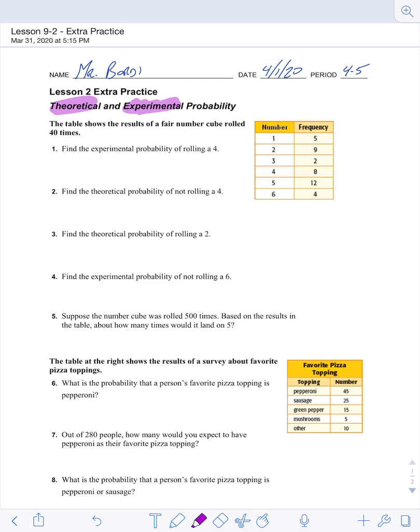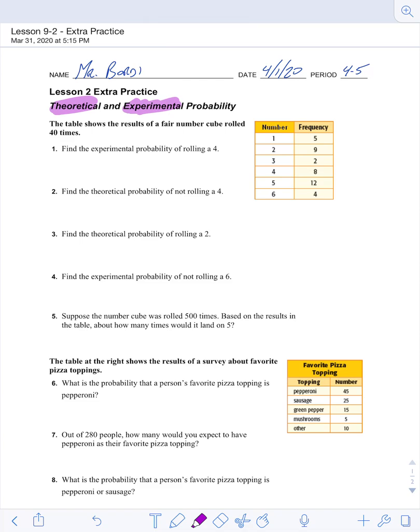It can land on heads and it can land on tails. In theory, if I flip the coin 2 times, I should land on heads once and tails once. We know that doesn't always happen. When we actually do the experiment, the probability could be different. That's the experimental probability.